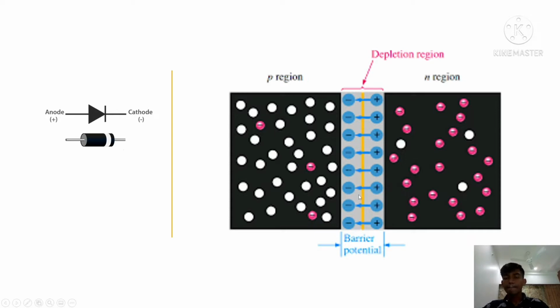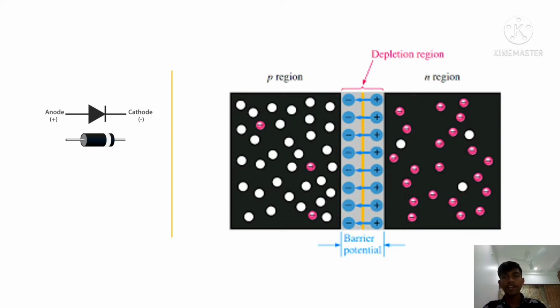When we do forward biasing of the diode, this depletion region or junction becomes very thin, and the potential barrier will also decrease. When we apply reverse bias to the diode, this depletion region or barrier voltage will increase.